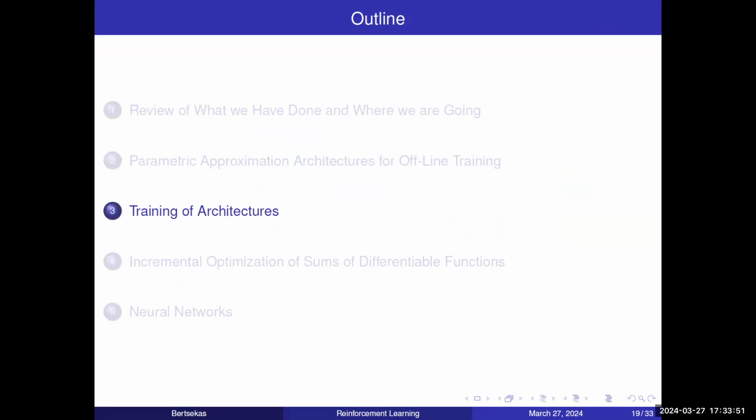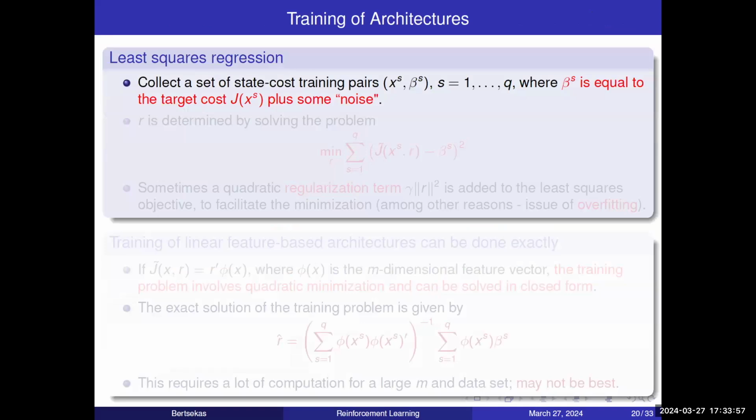Let's briefly talk about the training of the architectures. Typically, in the context of approximating the cost function or approximating a policy with continuous component, it can be viewed as a least squares regression problem, where we collect a set of state and cost training pairs, x_s and beta_s, where the number of samples can be large, and beta_s equals the target cost function evaluated at x_s plus some noise term.